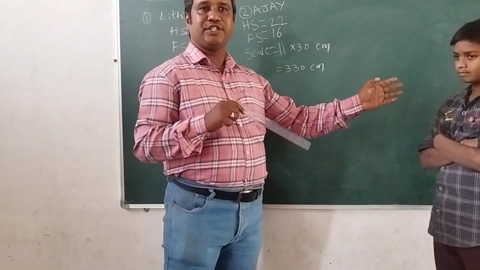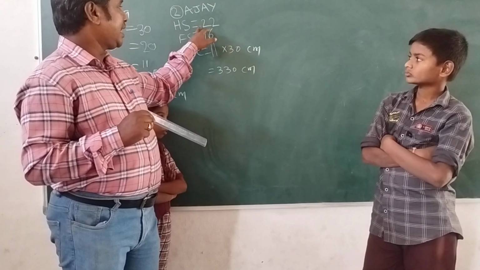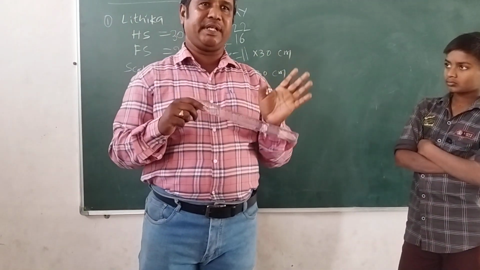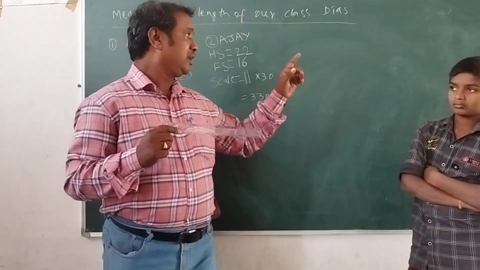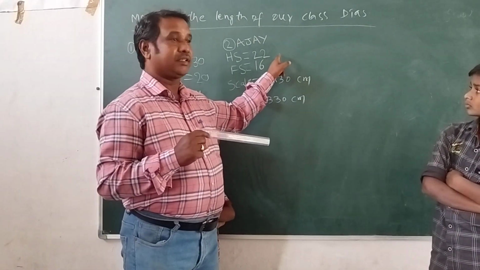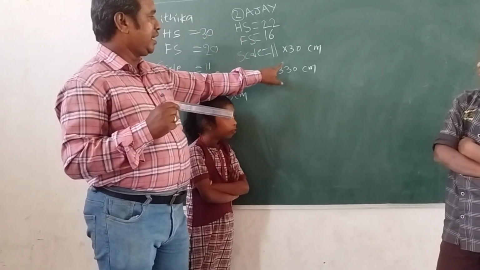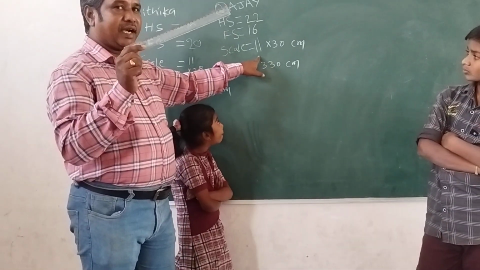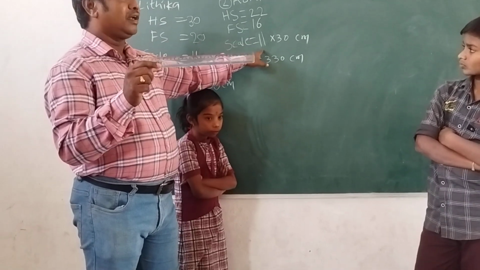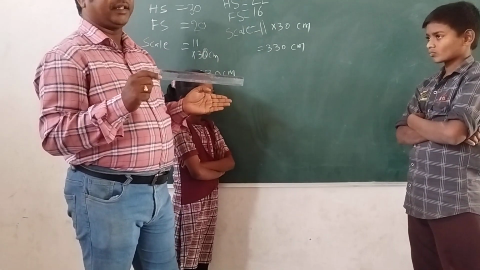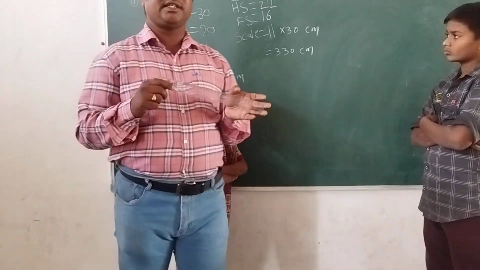Whereas Ajay's hand spans are only 22. Suppose each hand span costs 10 rupees, then we would have paid 220 rupees, but here 300 rupees. But if they use the standard scale or device, then we would have paid the equal amount for the cloth.